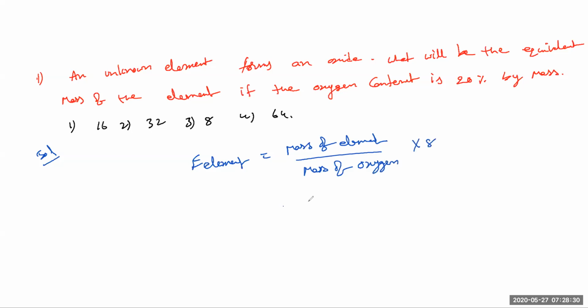Oxygen is 20%, total 100, so the remaining 80% is the mass of element. That is 80 by 20 into 8. The zeros cancel, 2 times 4 is 8, and that is 32. Second option is the right answer.